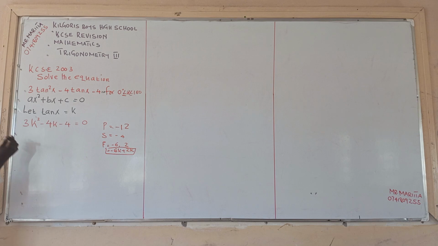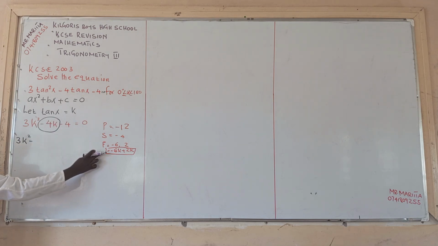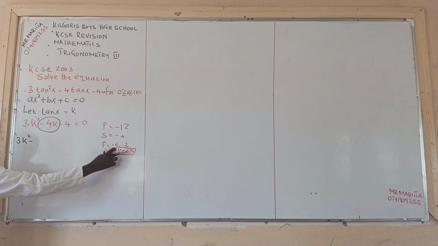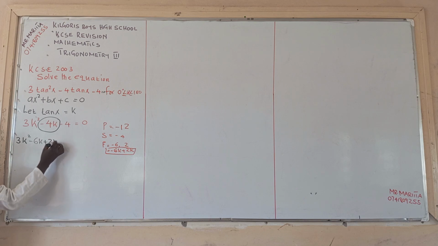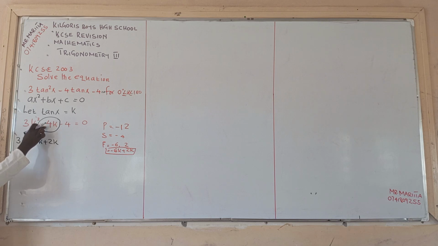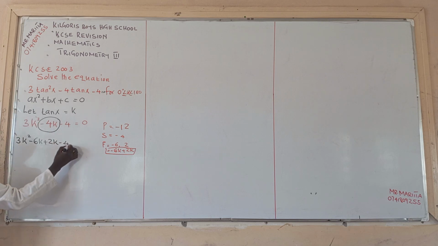From here we have 3k squared, and instead of negative 4k, we replace it by the sum of negative 6k plus 2k, then minus 4, equals 0.